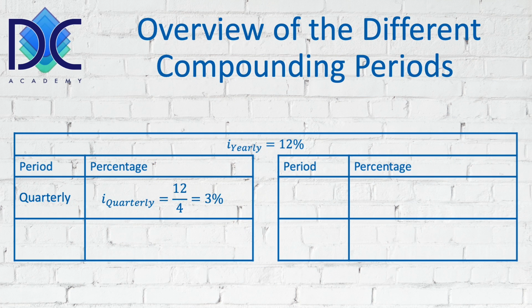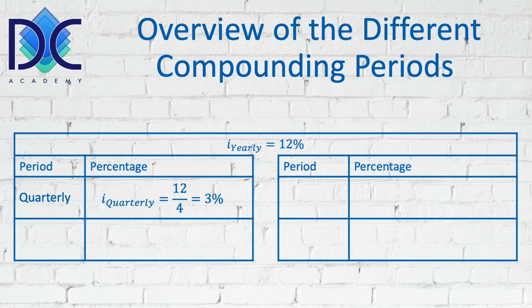First of all, we have an example here with a yearly interest rate of 12%. So yearly compounding would mean that we have an interest of 12%. Now we can compound quarterly, and what we do is divide the yearly interest rate by the period.